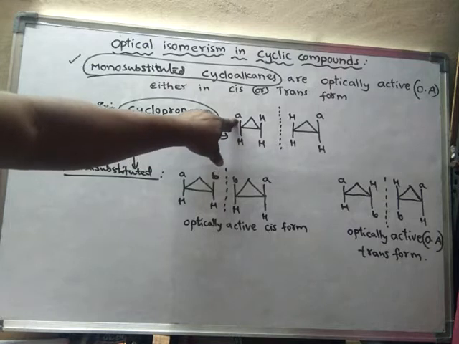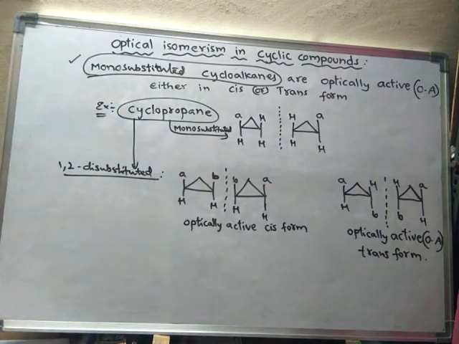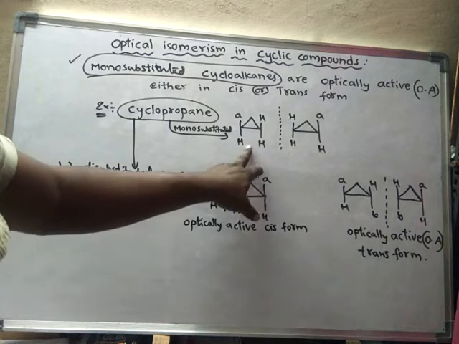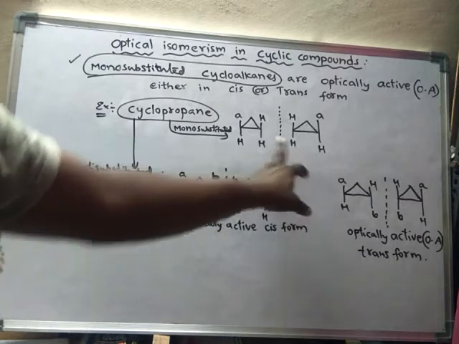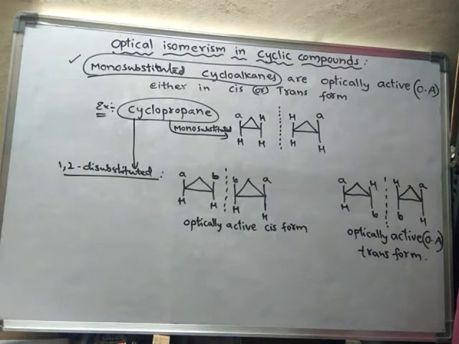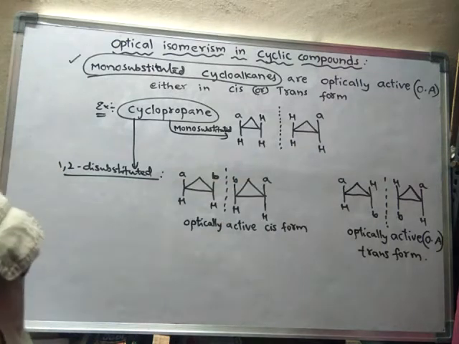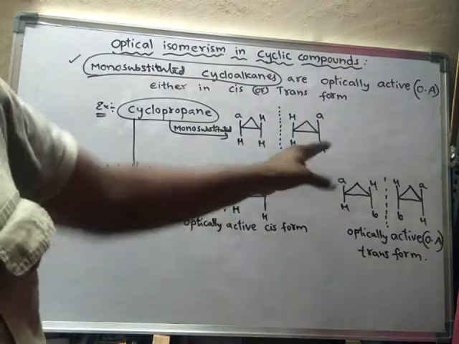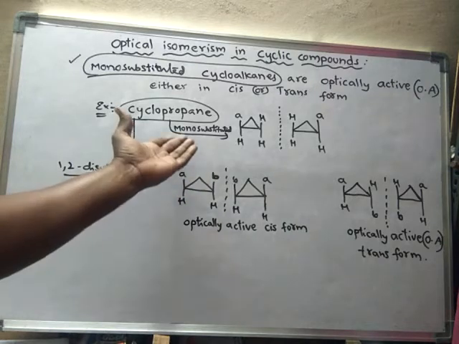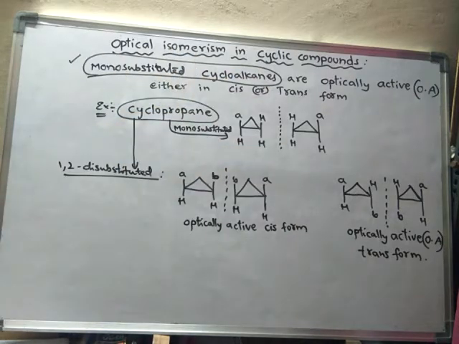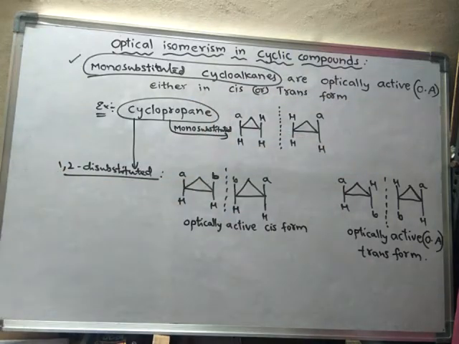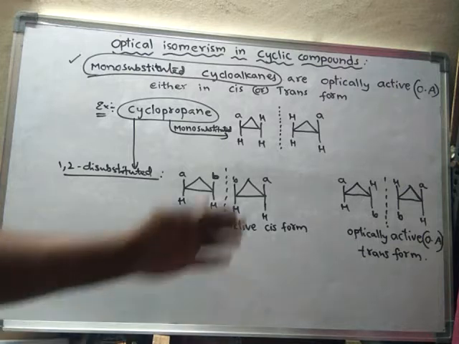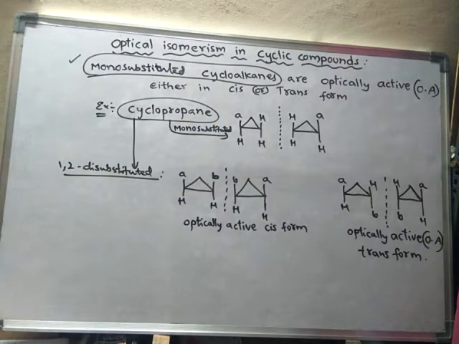So only one of the hydrogens is replaced by some other atom or some other group. So actually it can produce a mirror image, which is non-superimposable. So these two are non-superimposable mirror images. Hence these two are enantiomers. So these two are optically active. Okay, so remember that mono-substituted cycloalkanes are optically active because they form non-superimposable mirror images. That means they form an enantiomeric pair, DL pair. Hence, they are said to be optically active.